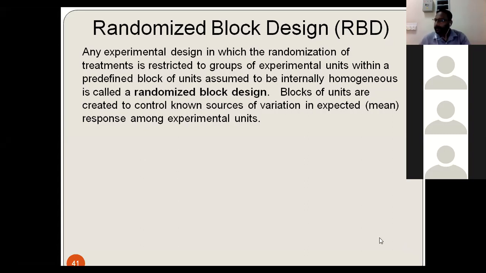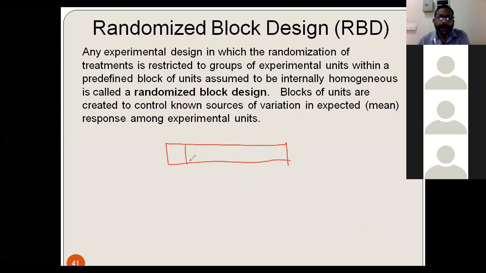I said, if you have a block, we will see what is the name of block and what we mean by block. So we have 6 treatments. Don't worry about how treatments have been allocated.